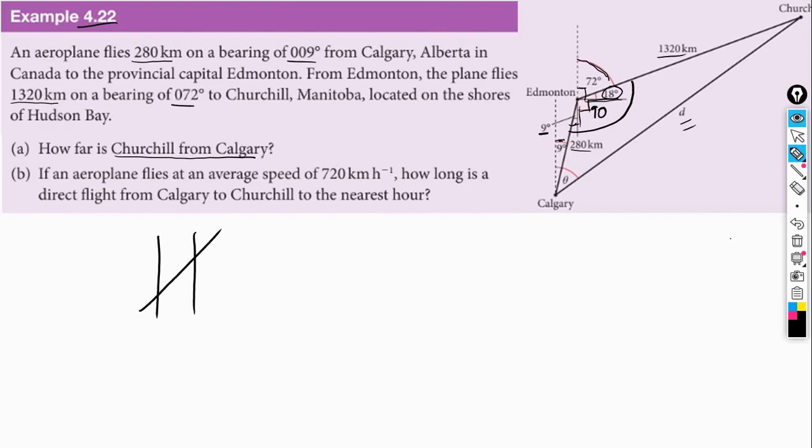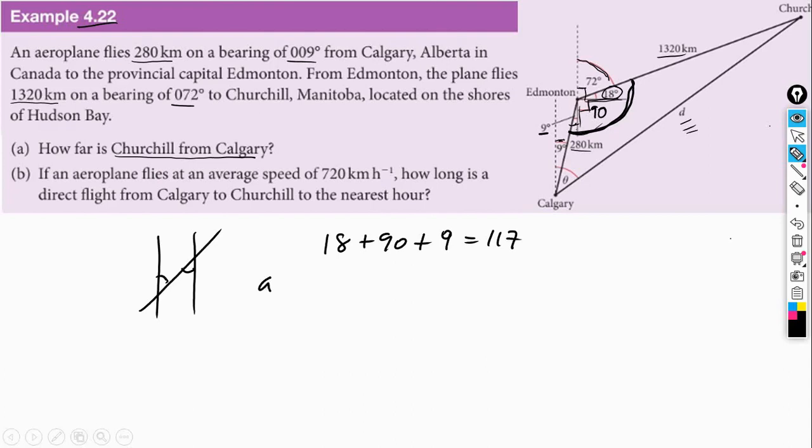So notice that this angle here is equal to this angle here. That's the principle we are using. So now we know that this entire angle is going to be 18 degrees plus 90 degrees plus 9 degrees, and this equals 117 degrees.